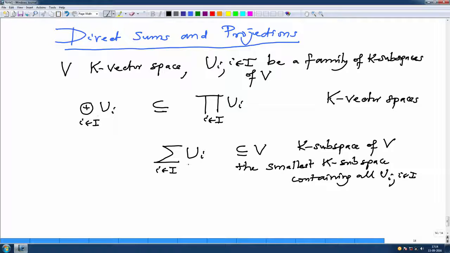This is a direct sum and this is a sum. So, this is the sum space, and this one is a direct sum.